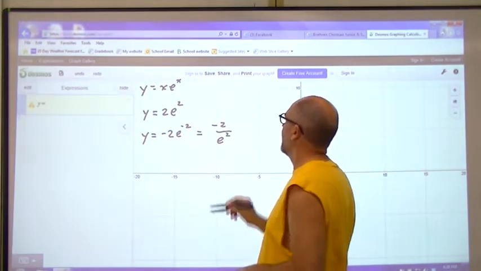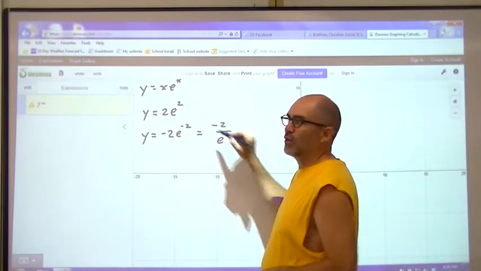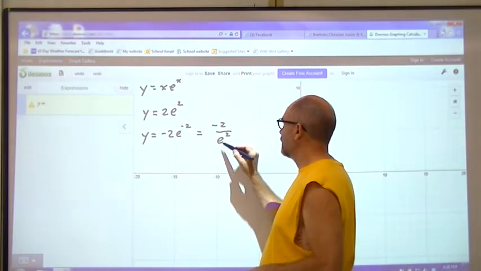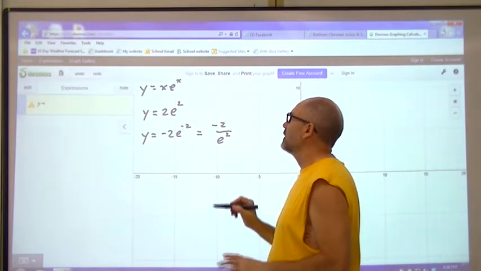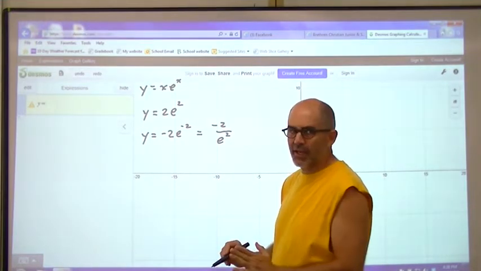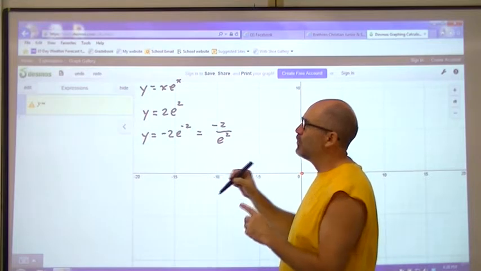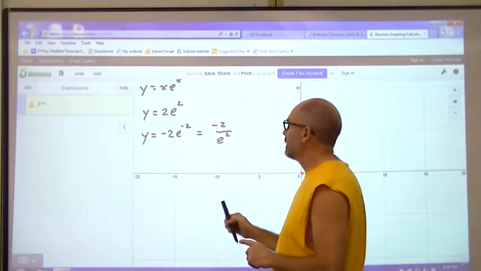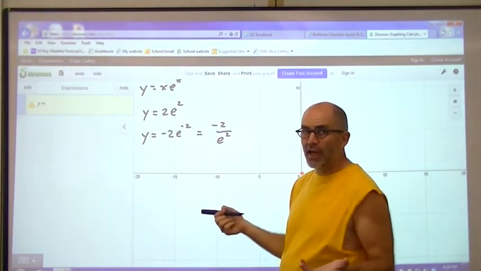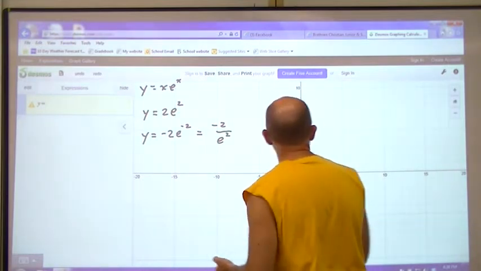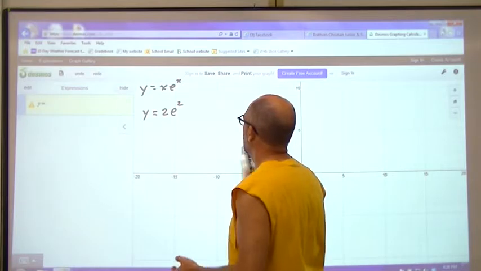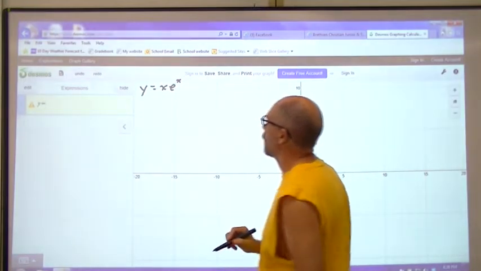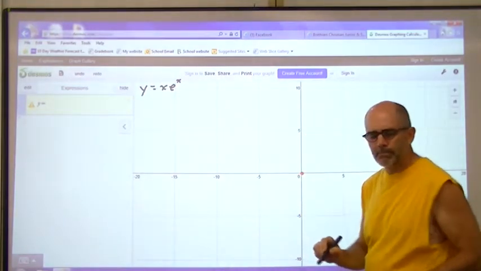So they're not the same value. 2e squared or negative 2 divided by e squared, two different things. So we have no symmetry. It's neither even nor odd. It's not periodic either because it's an exponential function. So no such help from our symmetry.